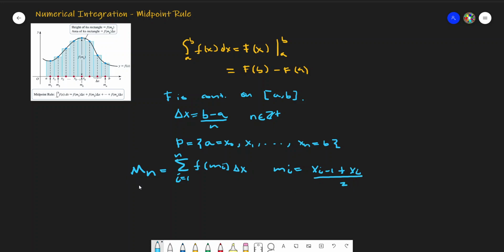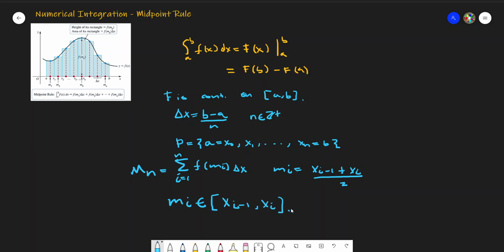Now, what do we mean by that? Notice that we have a bunch of intervals, and for each of those intervals, we're just taking the point right down the middle. So the point mi lives inside the interval from x sub i minus 1 to x sub i.